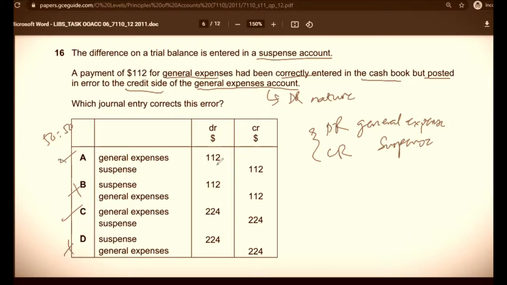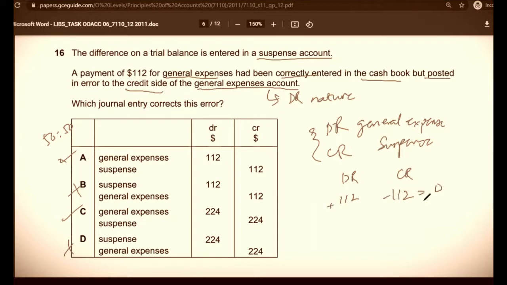Option A is wrong because I have already recorded general expenses on the credit side. So my credit side is already on 112. And if I debit general expenses by 112, it would come down to 0.